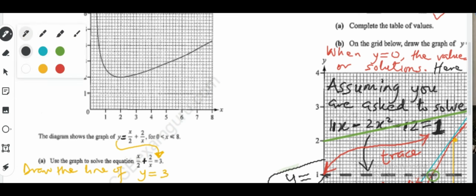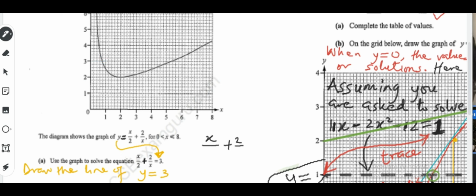Now, before you do that, assuming you were given this, x over 2 plus 2 over x equals minus 1, what would you have done in this case?